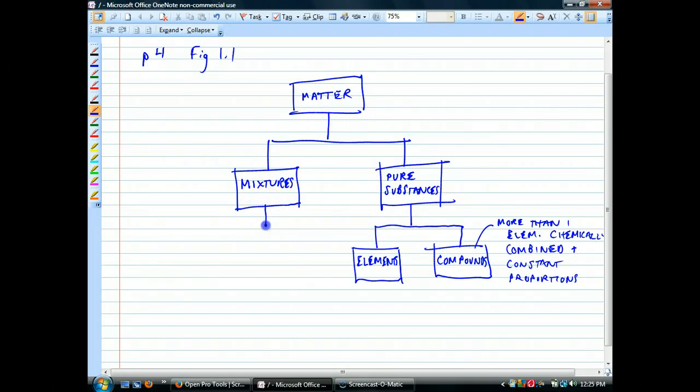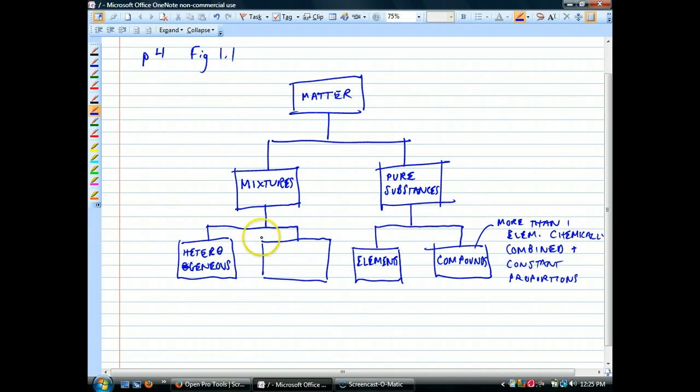Now, on the mixture side, things get a little bit more tricky. We have 2 kinds of mixtures. One is called heterogeneous. I should put the O up here, sorry.